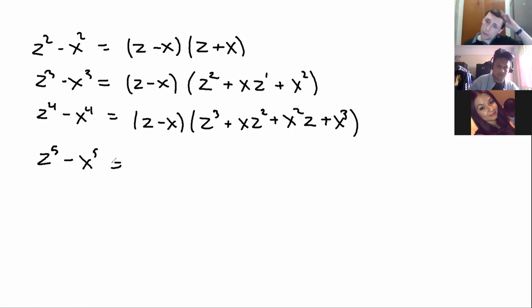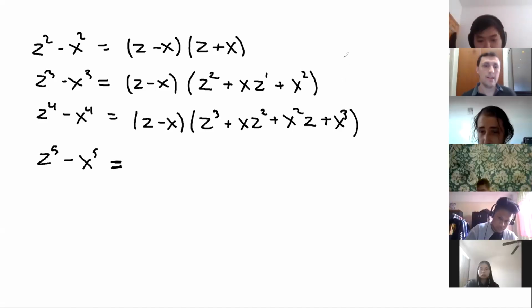I mean, it's a bit annoying, but do your best. It is easier than binomial expansion. I can teach binomial expansion, which I do for probability students, but this one is easier.